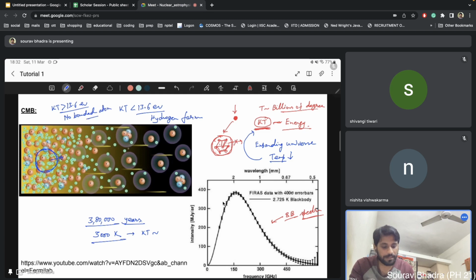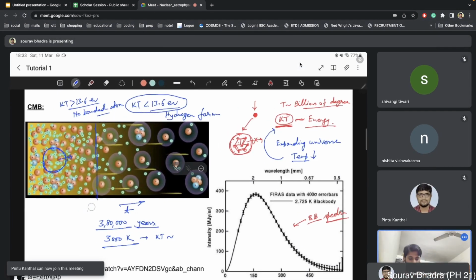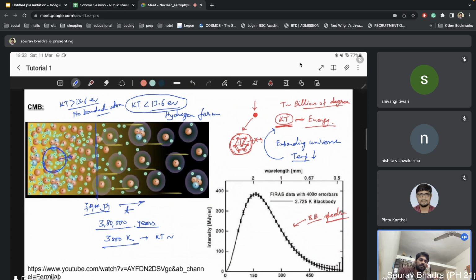Okay. So at 3000 Kelvin, this situation is happening and hydrogen is forming. You can see in this picture also, this is showing the propagation of time. So after some time, roughly what I told you, 380,000 years, the temperature has decreased, and hydrogen forms.